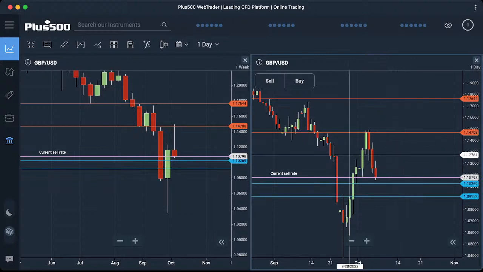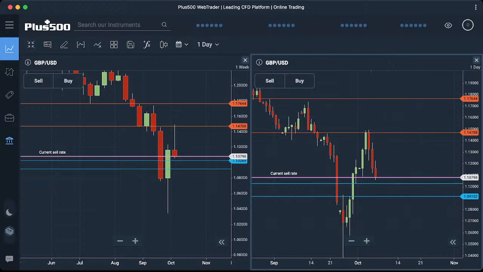And in the daily chart, as you can see on the right side, price is trying to go to that blue line, which is the daily fair value gap. So we are trying to push the price to this fair value gap.